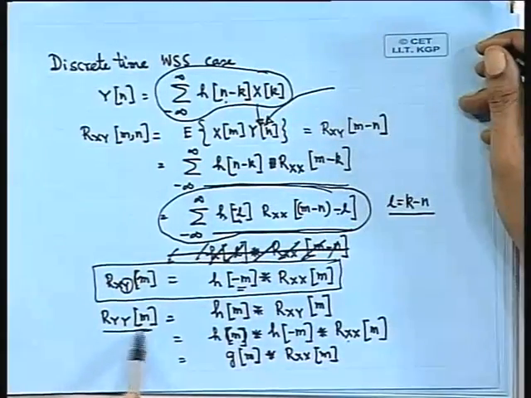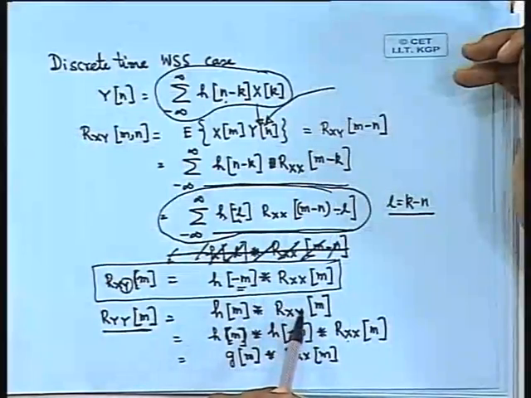Now here why this minus m? Here there is no minus m. This minus m is there because I have transformed the second quantity. If I would have transformed Ryx, I would have got hm here. Now finally we are interested in Ryy, that is the property of the output with respect to itself, that is autocorrelation properties of the output.